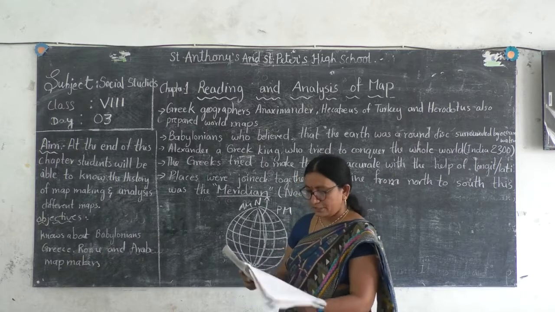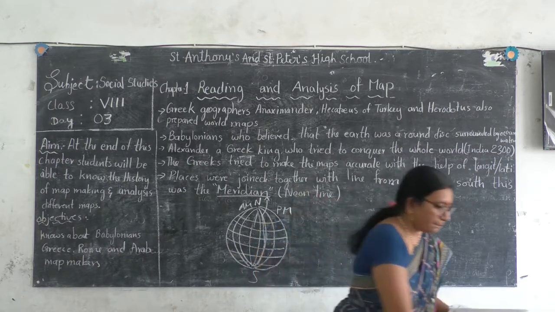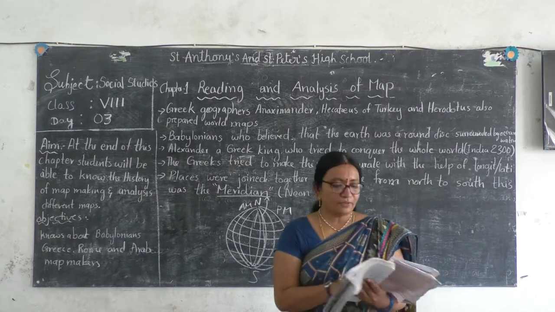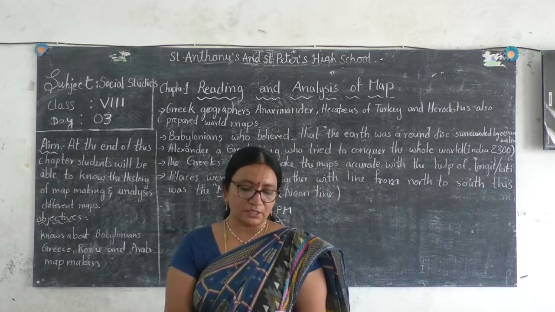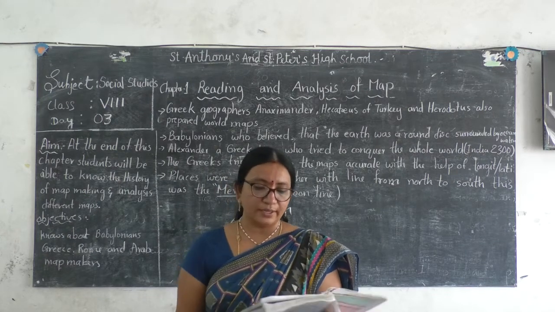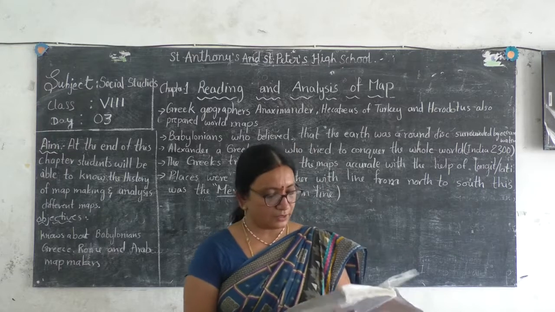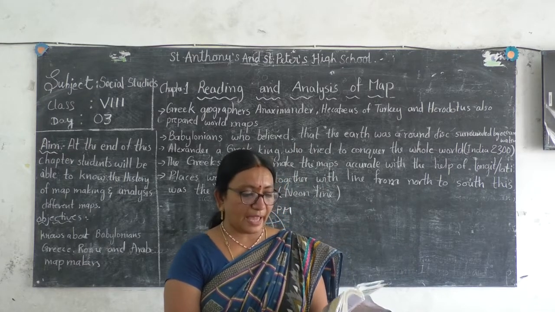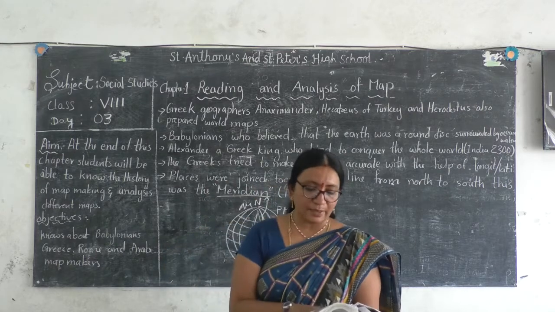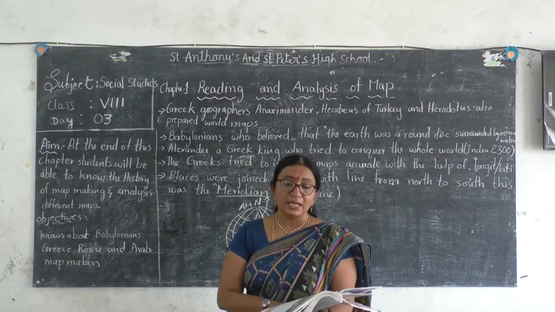Here you can observe one of the maps made by Ptolemy, one of the most famous geographers of the ancient world. According to Ptolemy, he made maps with great perfection, and at that time his maps were considered the best.